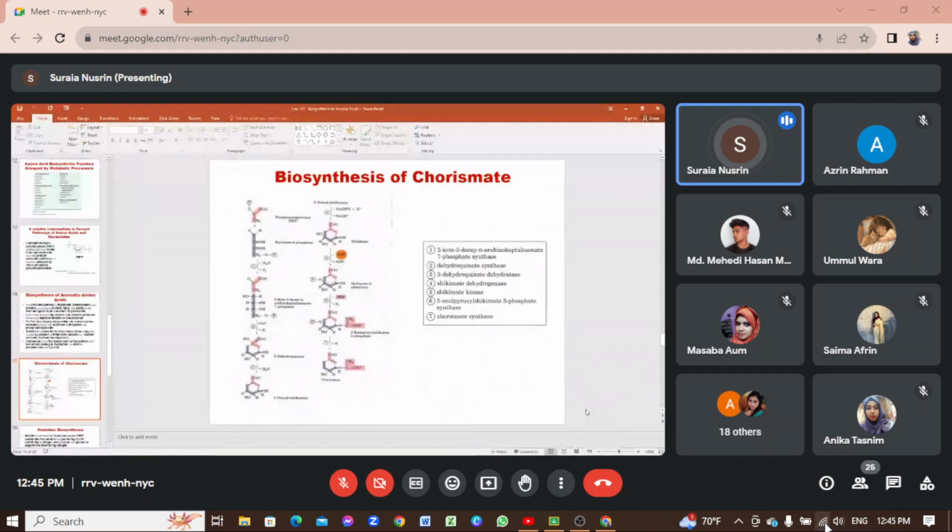Even in the next slide, this is the reaction, but I am not telling you that you need to learn it. Is it clear what you have to keep in mind? The precursors and the important intermediates, that's all. We don't need to learn each of the steps of the reaction or the enzymes.